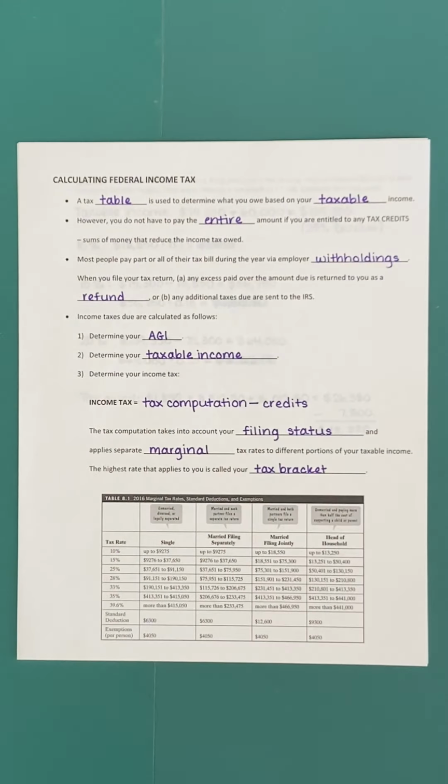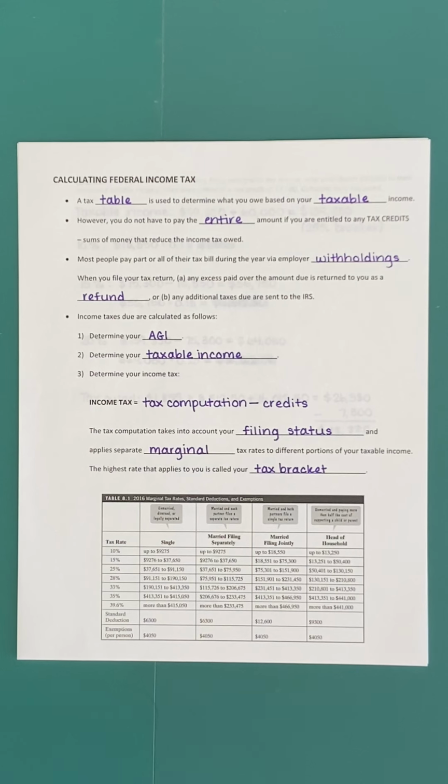So now let's talk about actually calculating the tax bill. How much is a person going to owe? So we use what we call a tax table, and we base the actual tax calculations on whatever taxable income is. So we use this table based on the amount we just calculated for taxable income. Now there is one additional amount that we may be able to subtract.